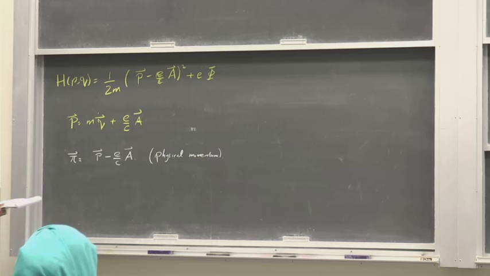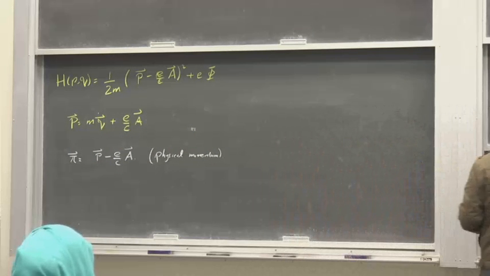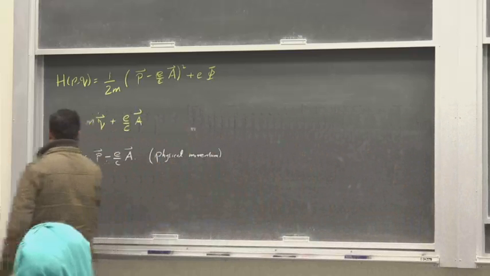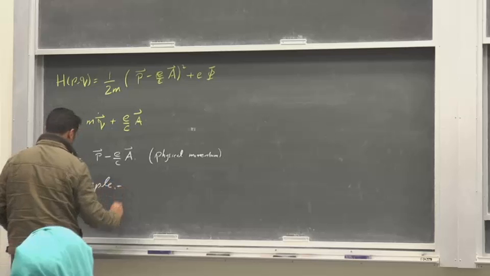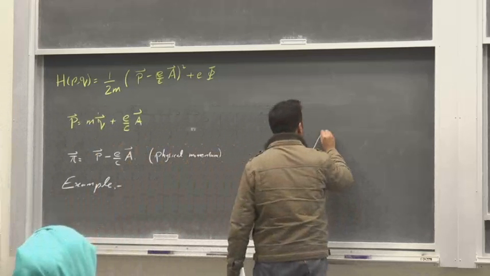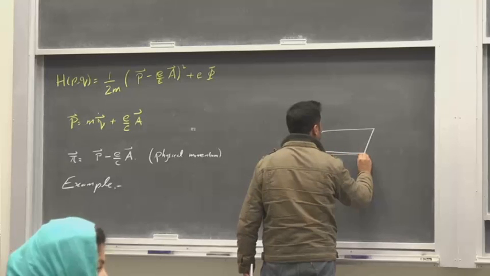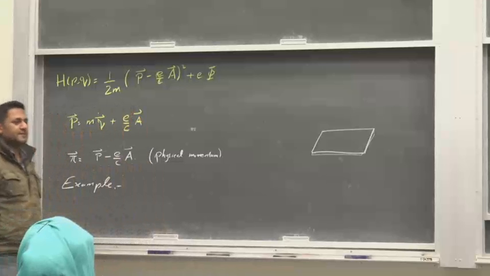Now let's discuss an example, and the example is this. You have a magnetic field, you have a slab, a thin slab like this, or let's say some metal.